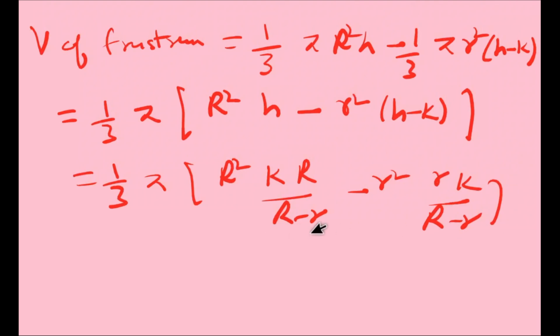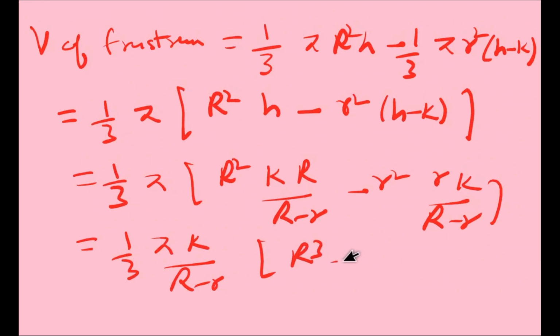Now we take the LCM R minus r and take the common k. What do we get here? 1 by 3 pi k upon R minus r. We get here R cube minus r cube. Okay, so using this formula we can find the volume of the bucket. k is the height.